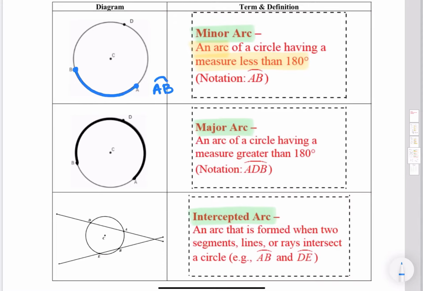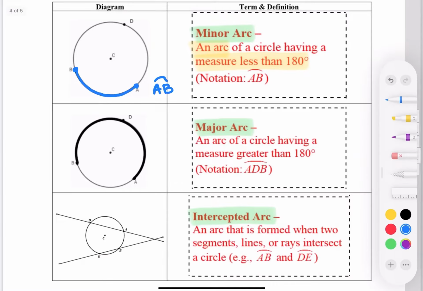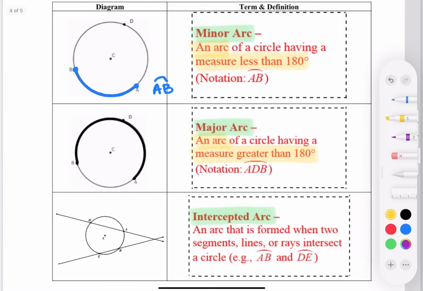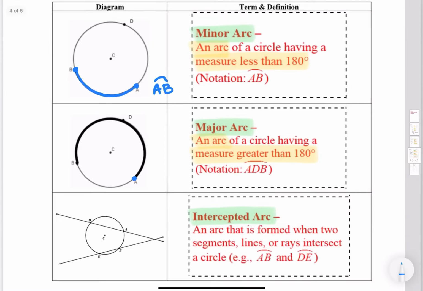But if we have a major arc, that's going to be an arc whose measurement is greater than 180 degrees. Well, if we have an arc that is greater than 180 degrees, then we have to denote it with 3 points. So we have our two endpoints from A to B, but we need a point somewhere in the middle to show that we're talking about this major arc.